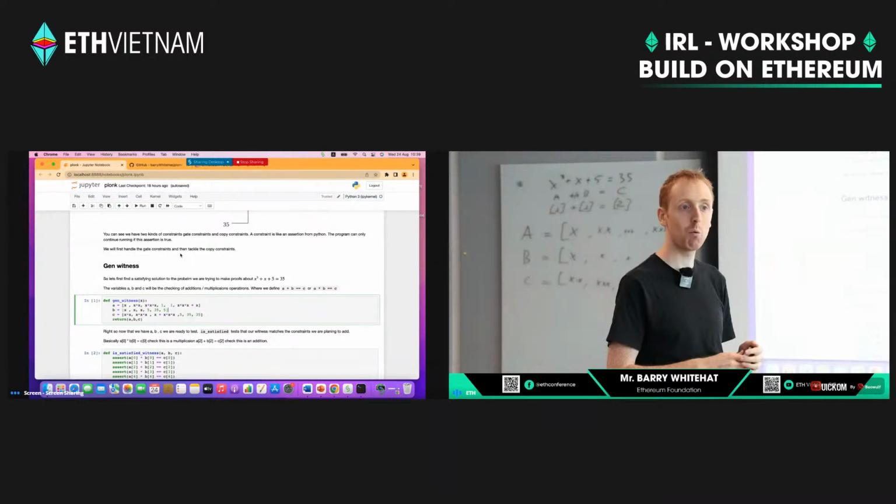We'll get hacked. Someone will find that this constraint is not there, and they'll be able to find an x and make a proof that it equals 35, when it doesn't. So that's the issue. That's what will happen here. So this is a secure implementation question.